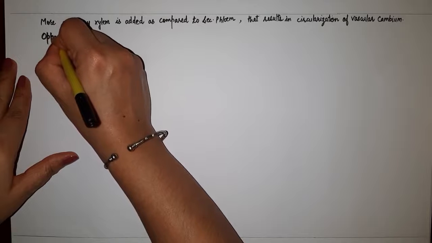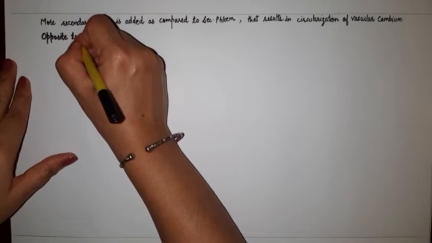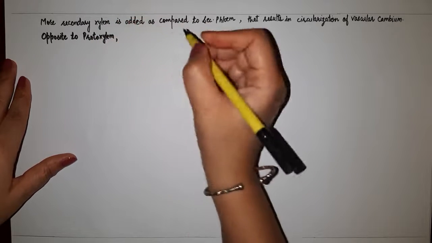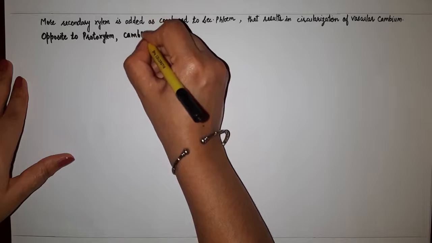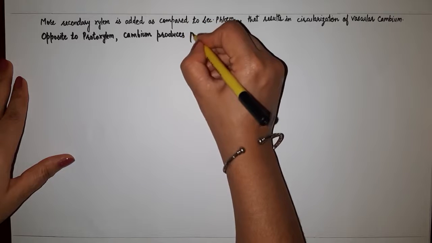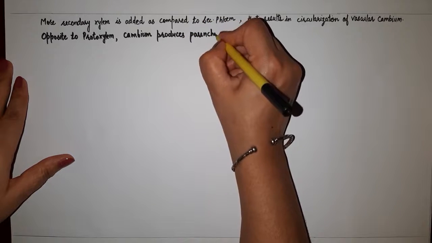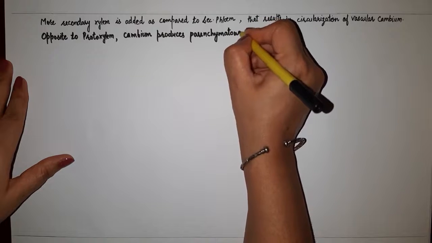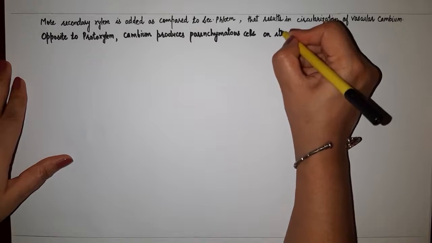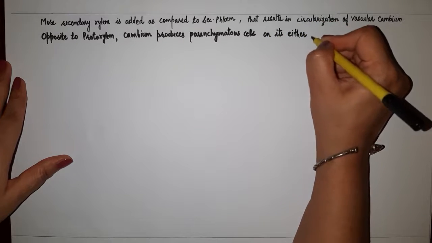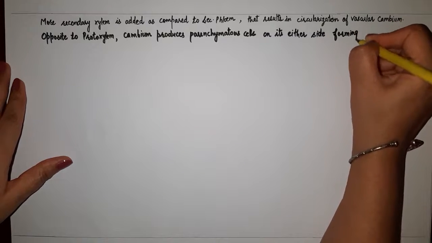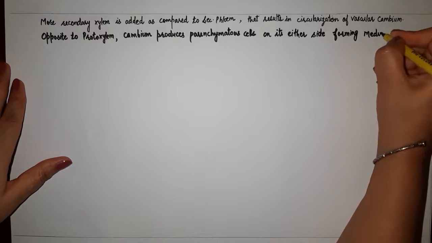Opposite to protoxylem, cambium produces parenchymatous cells on its either side, forming medullary rays.